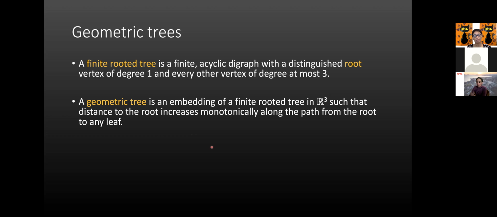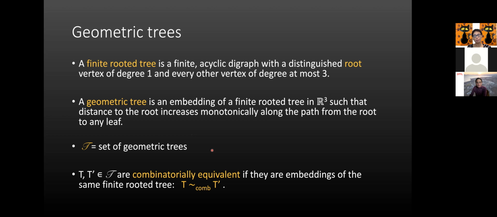This is a condition we can remove, but it makes this discussion a little easier. So I'm going to call T the set of all geometric trees. And I'm going to say that two geometric trees are combinatorially equivalent if they are embeddings of the same combinatorial tree, the same finite rooted tree. We're really going to be interested in the combinatorial structure, how it interacts with the geometry.